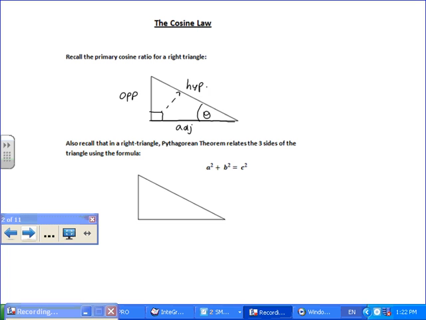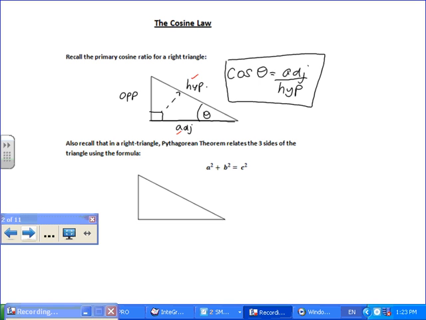You might recall that if I knew my adjacent side and my hypotenuse, I could figure out my angle because the cosine of an angle is equal to the ratio of the adjacent over the hypotenuse. This is one of the three primary trig functions. We have sine of an angle, which is opposite over hypotenuse, cosine of an angle, adjacent over hypotenuse, and the tangent of an angle, which is the opposite over the adjacent.